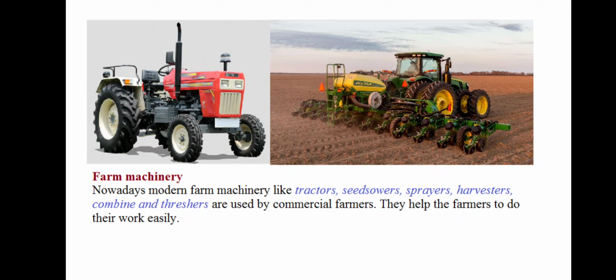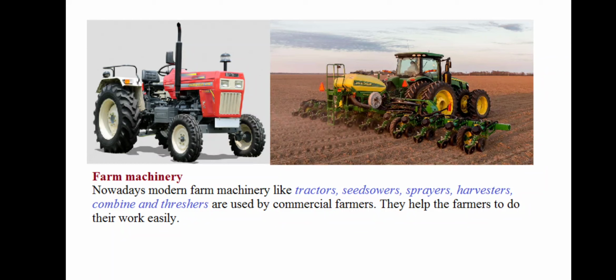Nowadays, modern farm machinery like tractors, seed sowers, sprayers, harvesters, combines and threshers are used by commercial farmers. They help the farmers to do their work easily. Tractors are for plowing the field, seed sowers help in sowing the seed, sprayers help in spraying pesticides and even fertilizers.